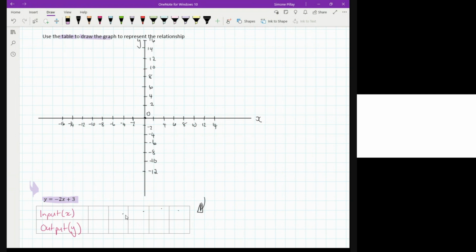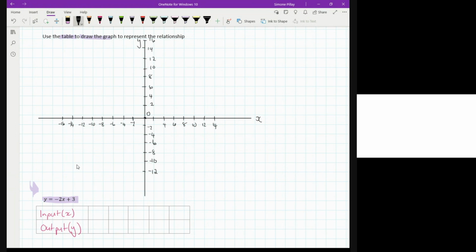So, when you're given something like this and you have to fill in a table, what I want you to know is that you can pick your inputs, okay? Your inputs are your x values and you can pick them, but you must pick them super strategically. We always want to have negative numbers as our input, 0, and positive numbers.